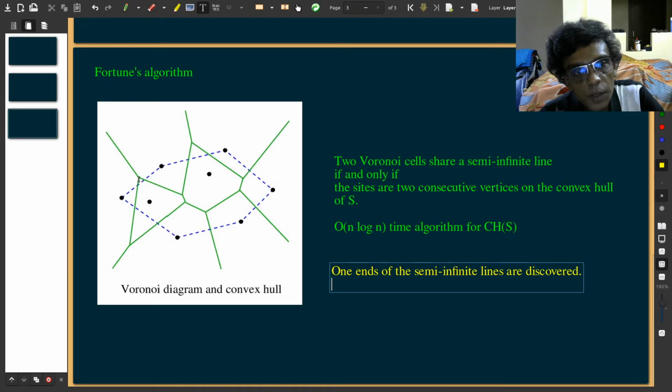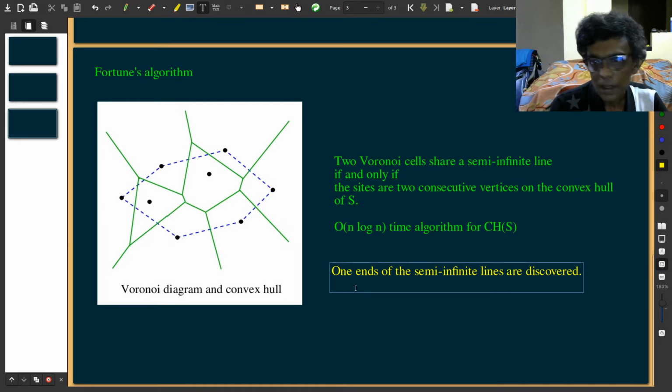So I assume that the points are in general position. In particular, no two sites have the same x coordinate, and that will imply this line will be either upward or downward. A horizontal line is not allowed.